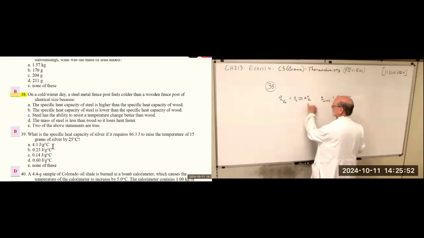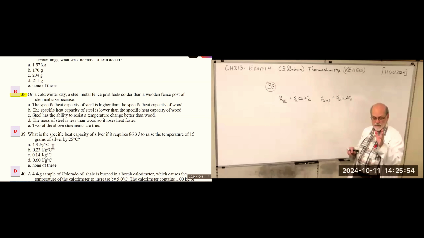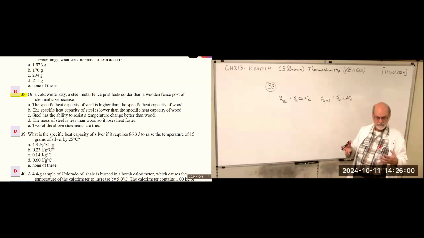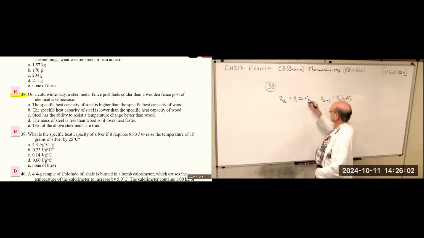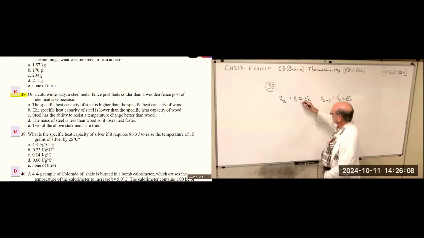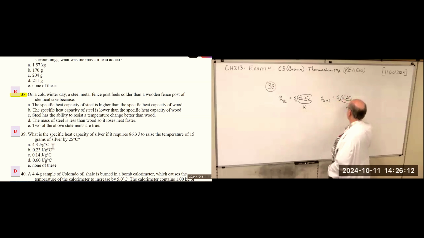Let's say the temperature change is the same. Temperature is from whatever the temperature outside is and the temperature of your skin, which is the same. So this is going to be constant. These are going to be constant, right? So if these are constant, if this is a K and this is a K, they're not changing.